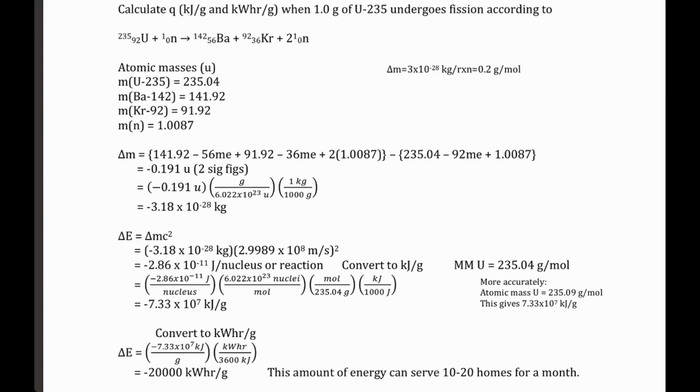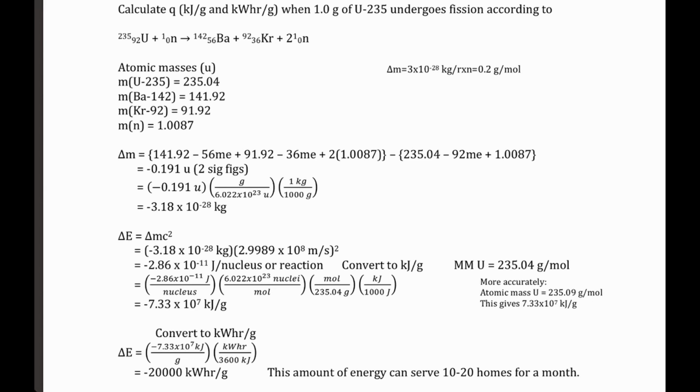We are told it should be expressed in kilojoules per gram. So this is the joules per reaction, or we could say the joules per nucleus. So what we have to do first is convert to number of moles. So we multiply by 6.022 times 10 to the 23rd nuclei per mole. Now notice nucleus is gone. We have joules per mole. Now we want it per gram.